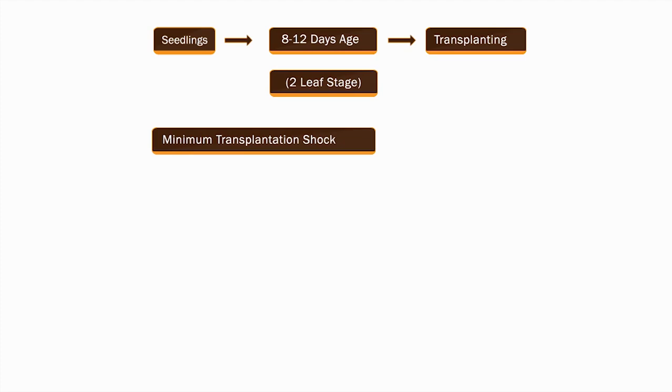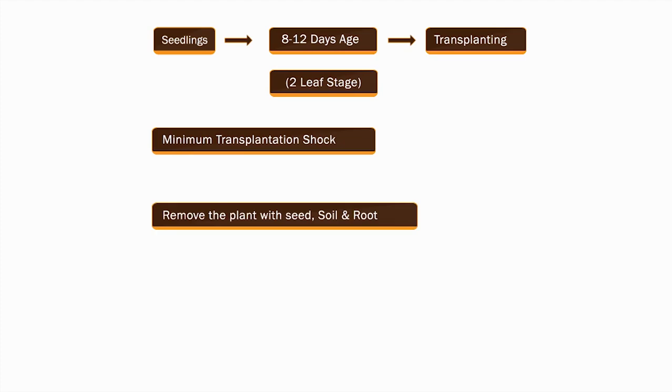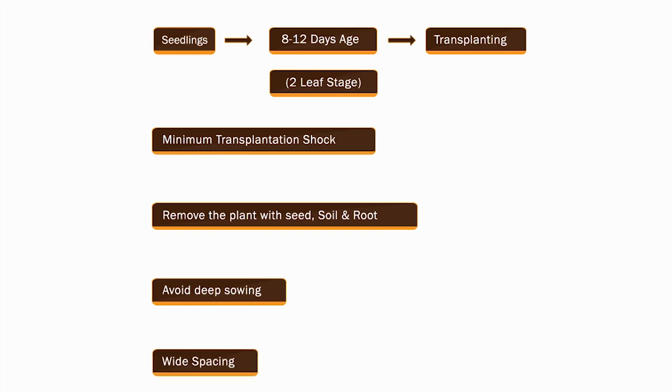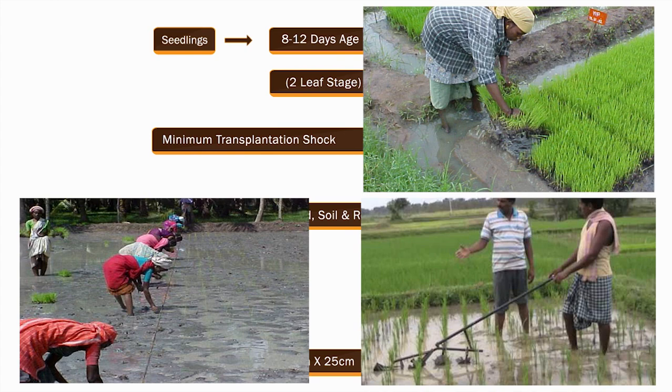When we remove them from the nursery, we should remove the plant with the seed, soil, and roots carefully and place it in the field without plunging them too deep into the soil. We also need to maintain a wide spacing of 25 into 25 centimeter between plant to plant. To make sure that the spacing is proper, we can use a marker instrument.